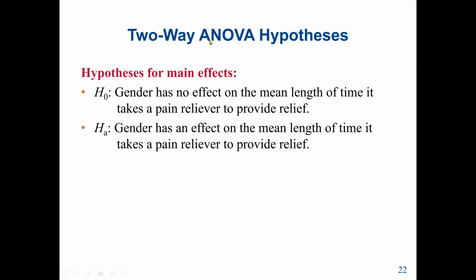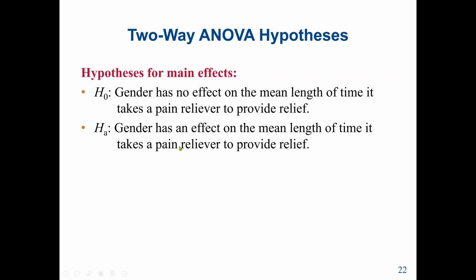So we start with the two-way ANOVA hypotheses. The H0 for the main effect is that gender has no effect on the mean length of time it takes a pain reliever to provide relief. Then our HA, to go against H0, will be that gender has an effect.